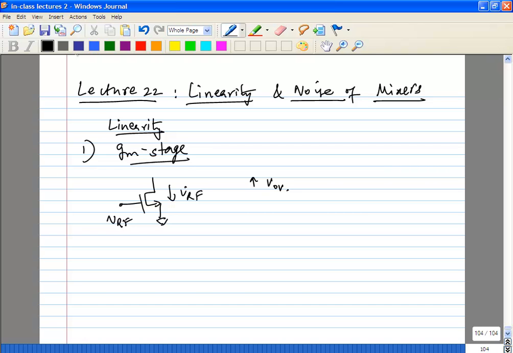Okay, but then what happens is, if you do that, your GM falls and your conversion gain will fall, your noise level will get worse. So that is one fundamental trade-off you have to remember. Okay, that is for the transconductor.